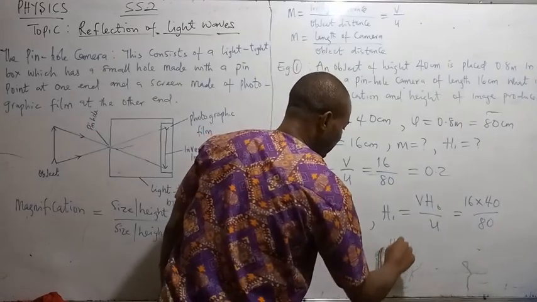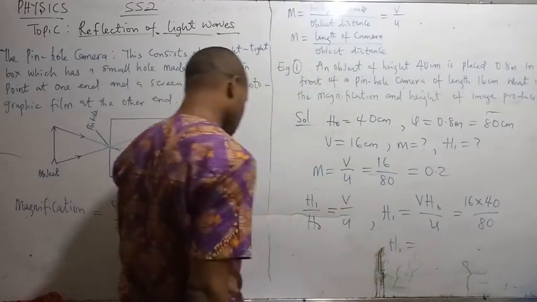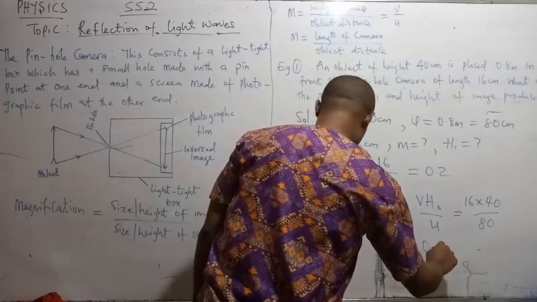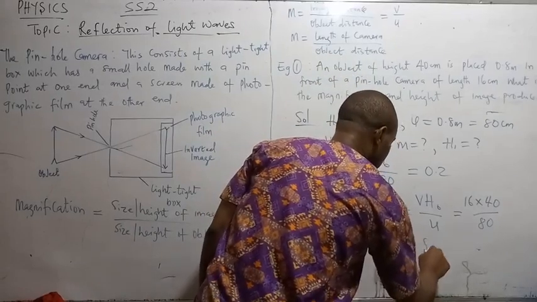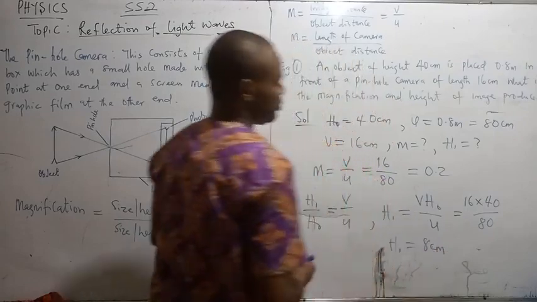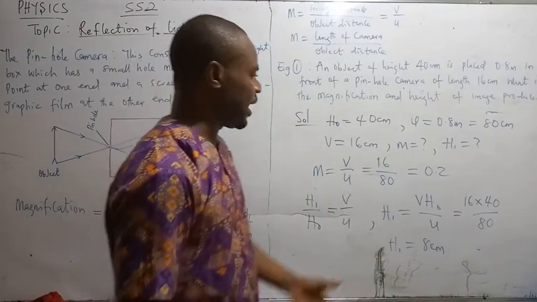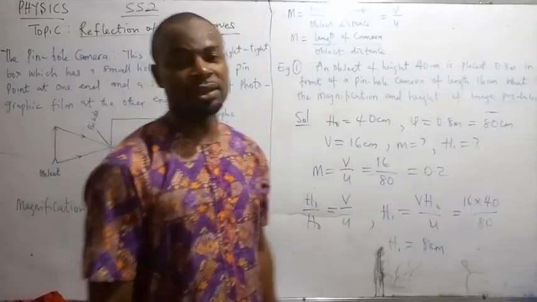Then finally we have that HI is equal to 8 centimeters. So the height of the image formed is 8 centimeters.